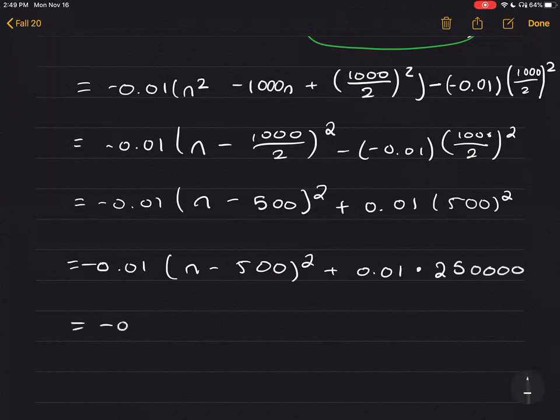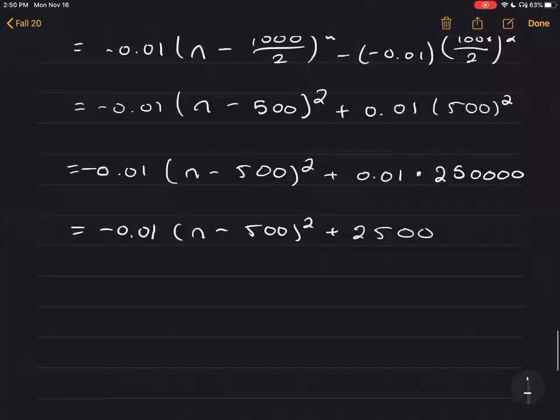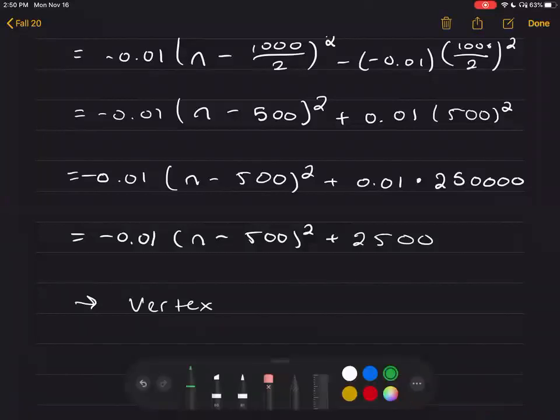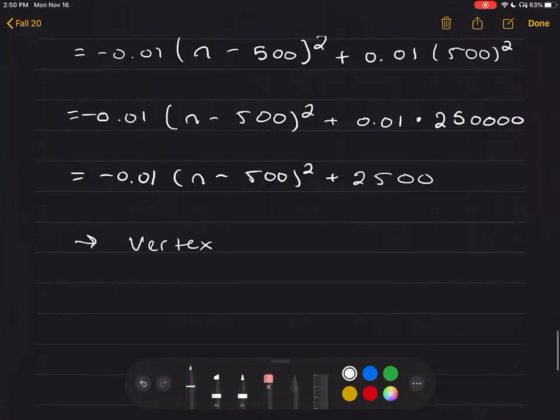And then simplifying some more, when you do this multiplication, you'll get 2,500. And this is standard form. And so the vertex is going to be, remember, the formula is, let me write it down for you.